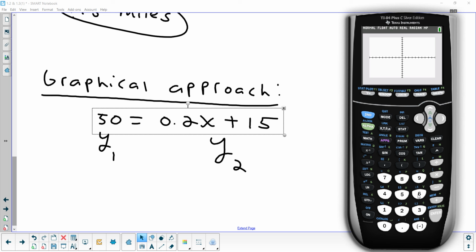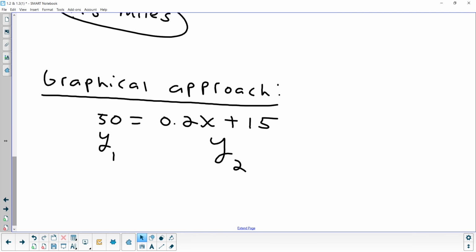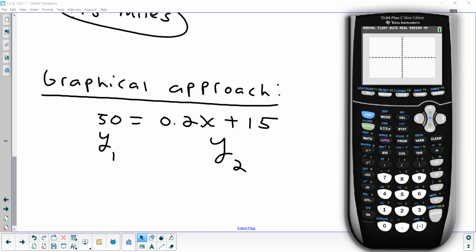Yeah? You have to zoom out to see it. Yeah, we have to zoom out. I told you this one on the left is a horizontal line at 50. So when you do zoom 6, you're only at 10. To see a horizontal line up at 50, you have to set the y-max higher.